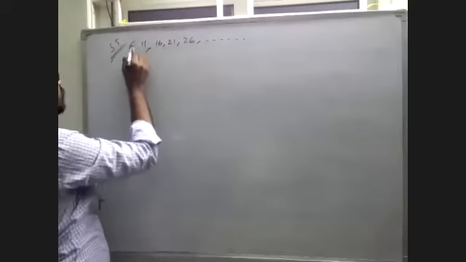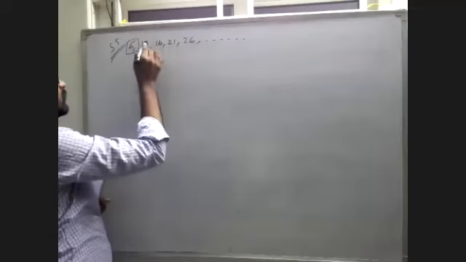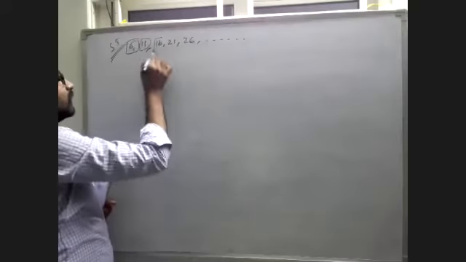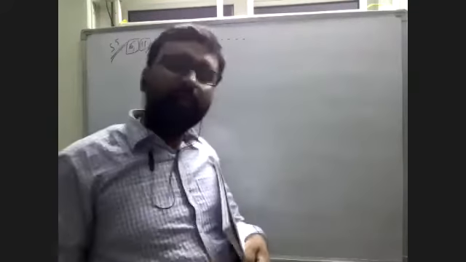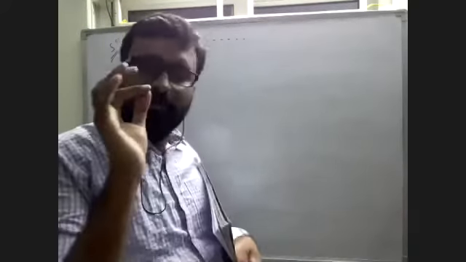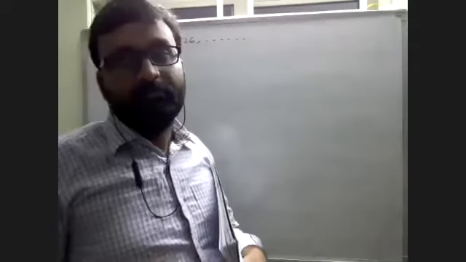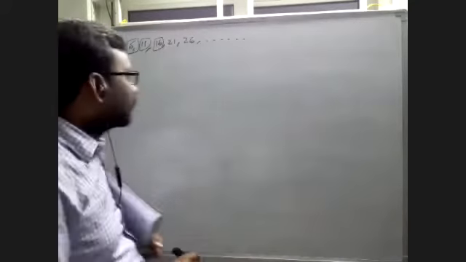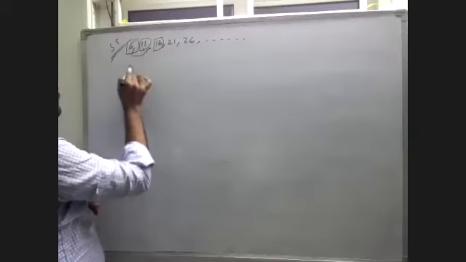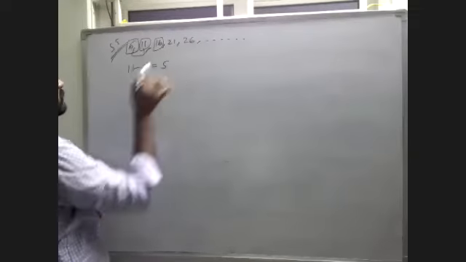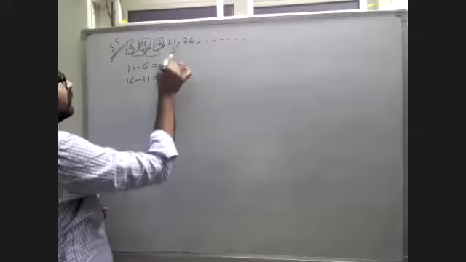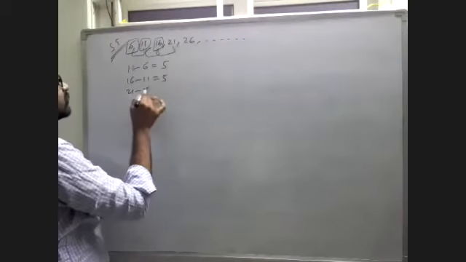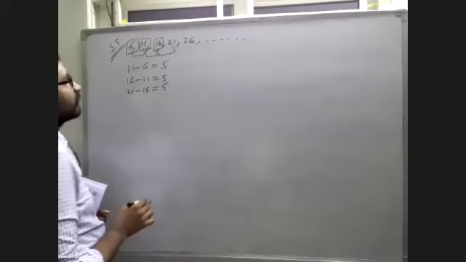So first of all, we have the first term, second term, third term, fourth term, fifth term, sixth term, etc. How can we say this is clearly an AP? By finding the common difference. Now I am finding this minus this. 11 minus 6 is 5. Then 16 minus 11 is 5. Then 21 minus 16 is 5.